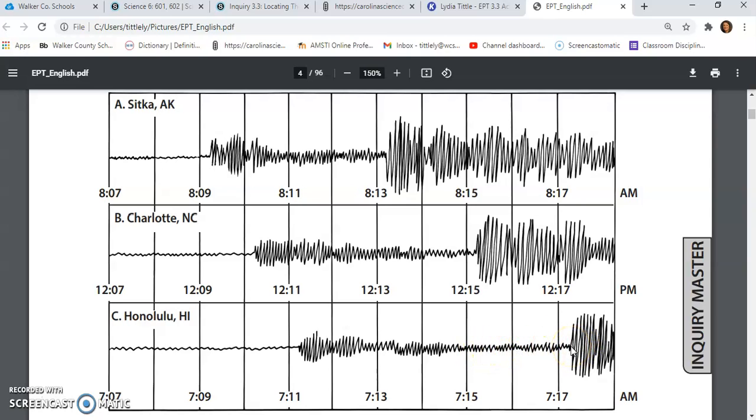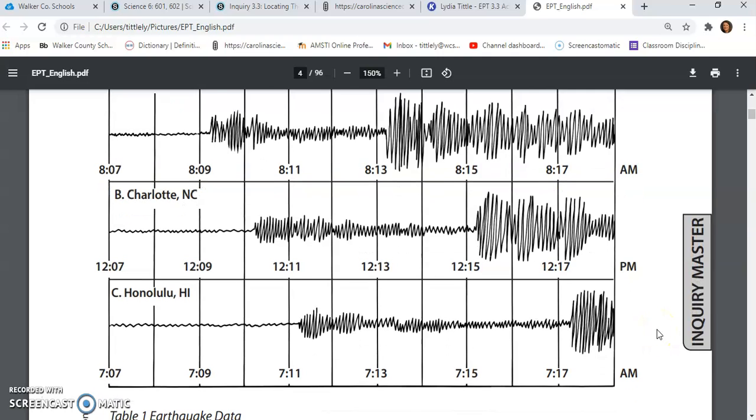So we can see from this that it looks to me as if Sitka, Alaska is going to be closer to the earthquake, and it looks to me like maybe Honolulu, Hawaii is the farthest away. And that's just from first glance, just looking at the difference or the lag time in the P waves and S waves.